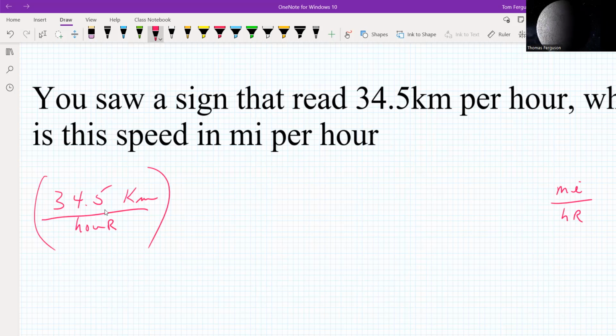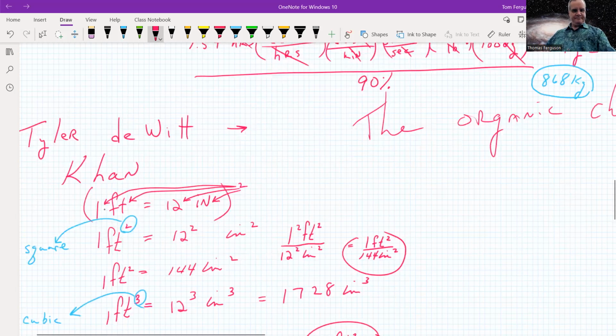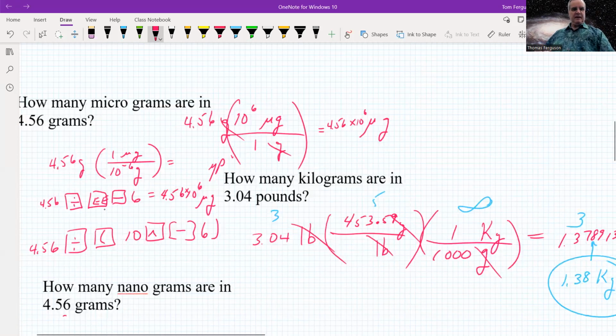Okay, so if we look at what's given and what's to be calculated, the hours are fine. We don't have to modify the hours. We have to modify the top. We need to get from kilometers to miles.